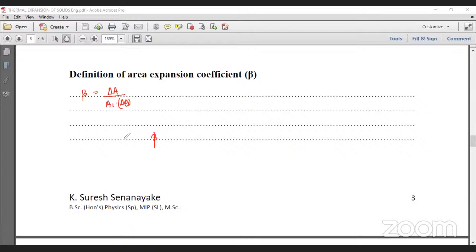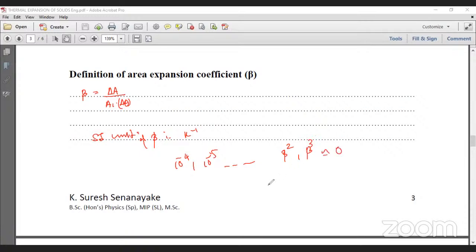It is also on the order of 10 to the minus 4, 10 to the minus 5, so small. As it's so small, you can neglect the square of beta and the cube of beta.